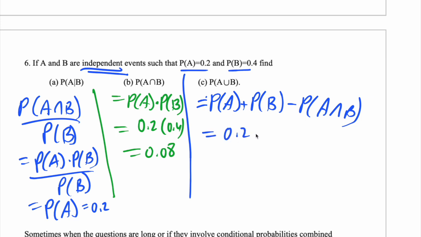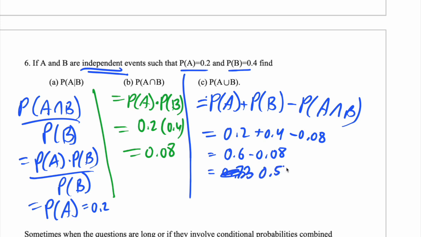So we have those numbers, 0.2, 0.4, and the intersection is 0.08. So that's 0.6 minus 0.08, which is 0.72. Oh, not 0.72, 0.52, I mean.